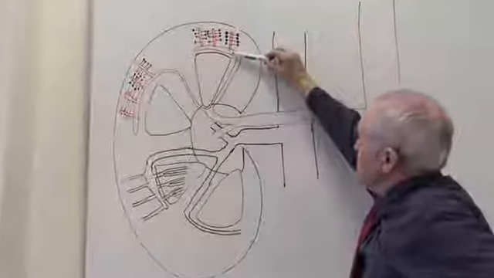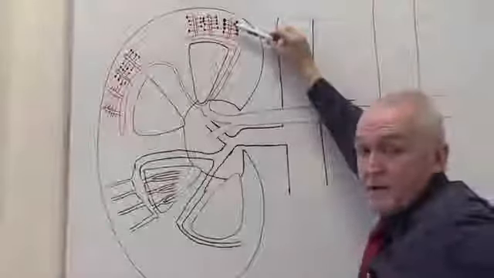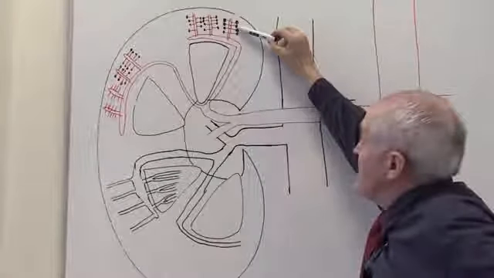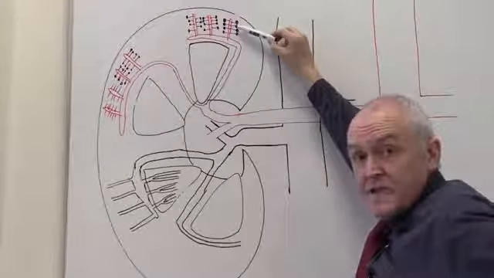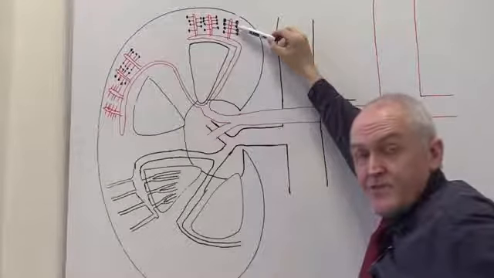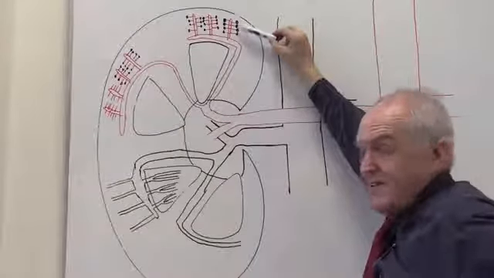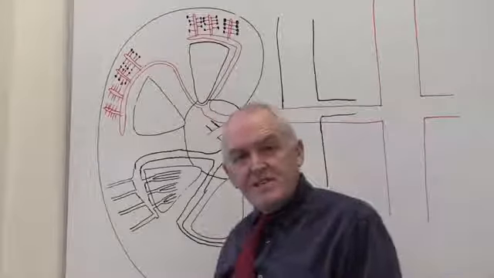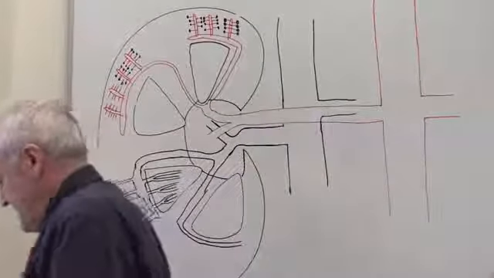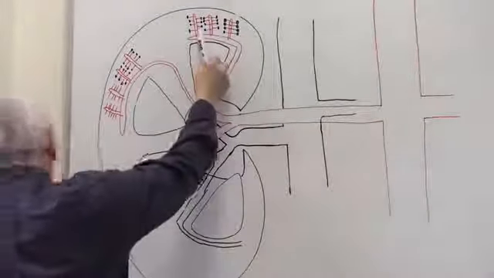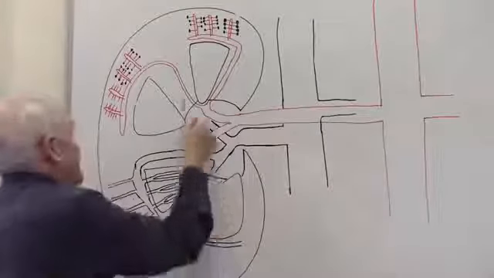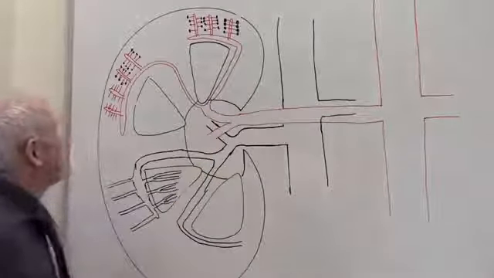From the arcuate, it's going into the interlobular artery, into the afferent arterioles, through the glomerulus, into the efferent arterioles, into the peritubular and vasa recta capillaries.